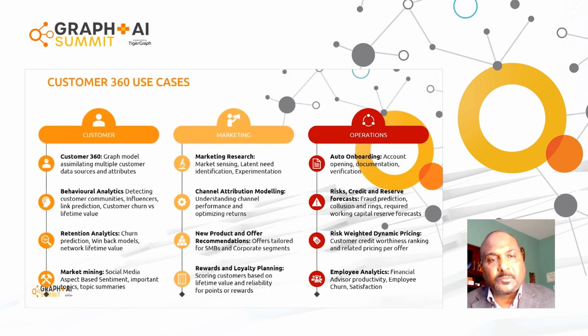When we talk about customer 360, which is the foundational layer, we are looking at a graph model that is assimilating multiple customer data sources and attributes, and also the behavioral analytics, detecting customer communities, influencers, link prediction, customer churn via lifetime value.